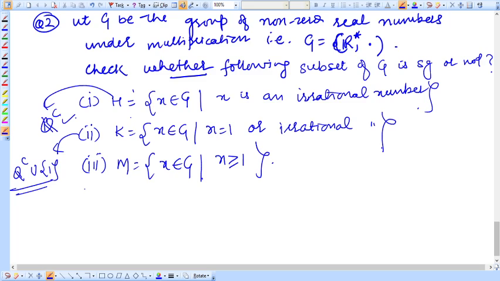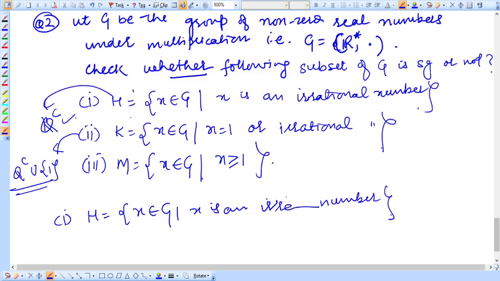So let us disprove them one by one. First, here, we are given that G is a group of real numbers under multiplication, that is G is equal to R star with multiplication. And the given subset here is H equal to X belonging to G such that X is an irrational number.